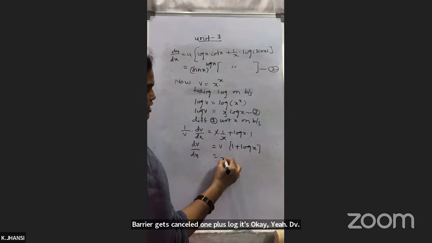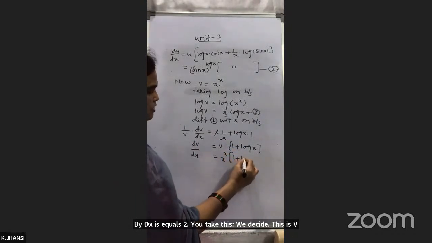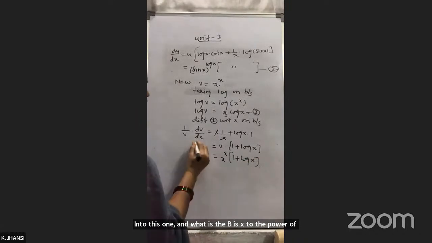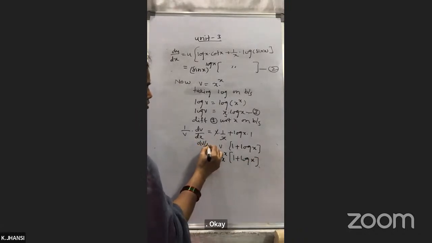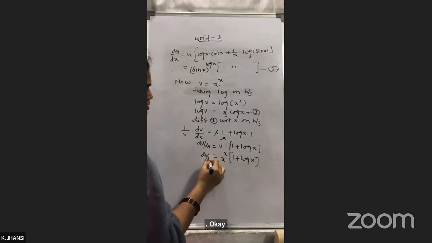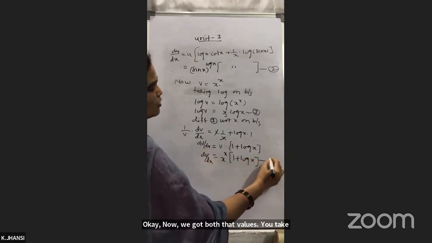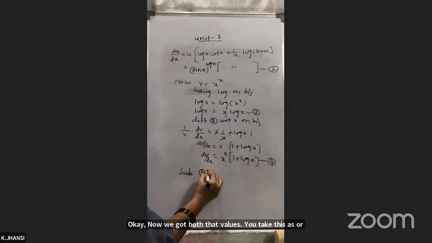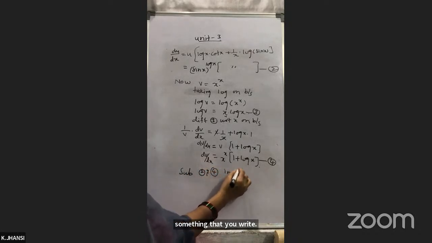And what is v? v is x to the power of x, into 1 plus log x. Okay, now we got both those values. You take this as 4. After that you write, substitute 2 and 4 in 1.